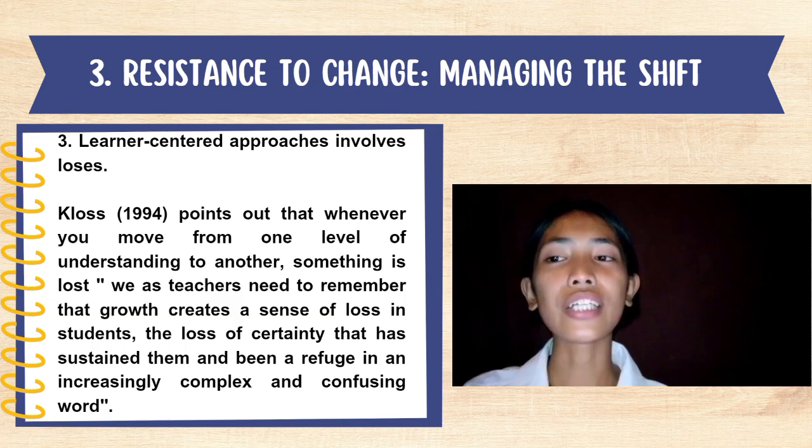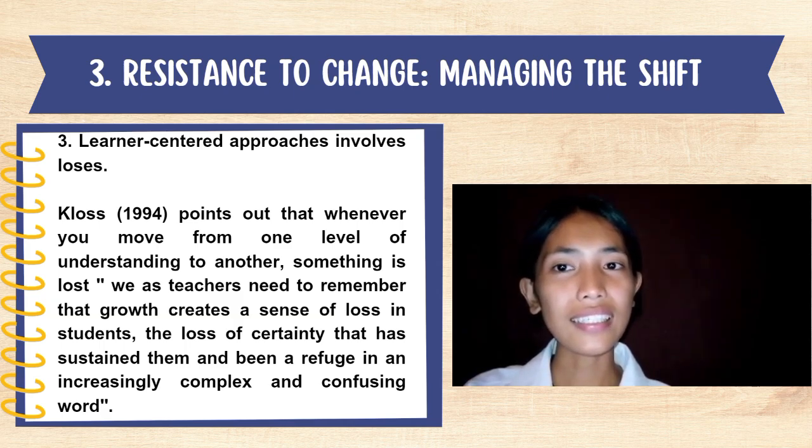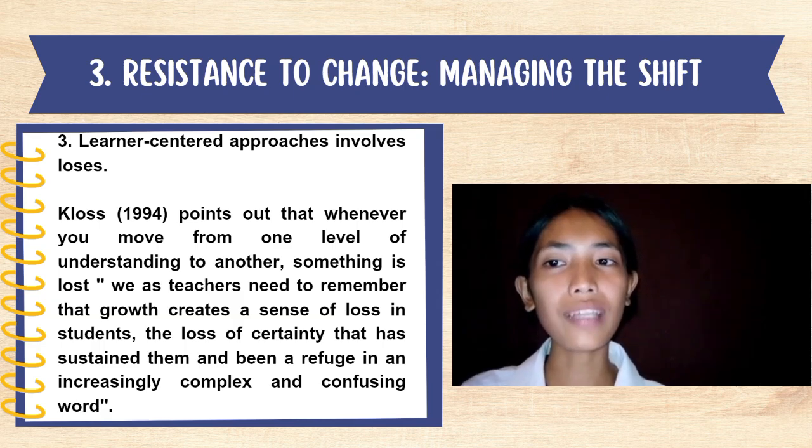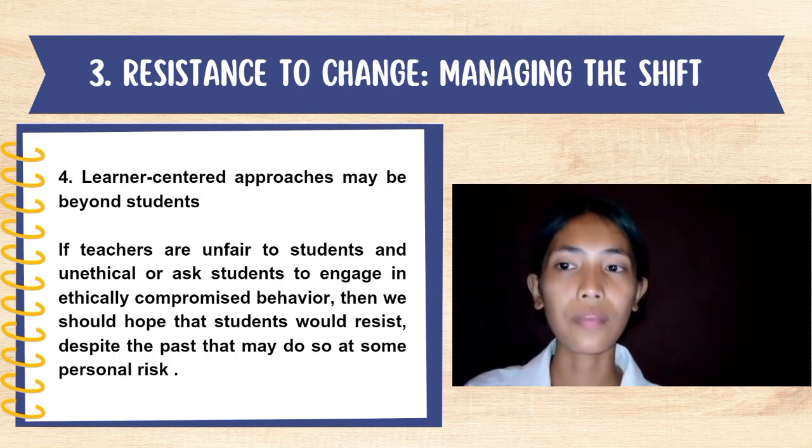We, as teachers, need to remember that growth creates a sense of loss. In students, the loss of certainty that has sustained them and been a refuge in an increasingly complex and confusing world.